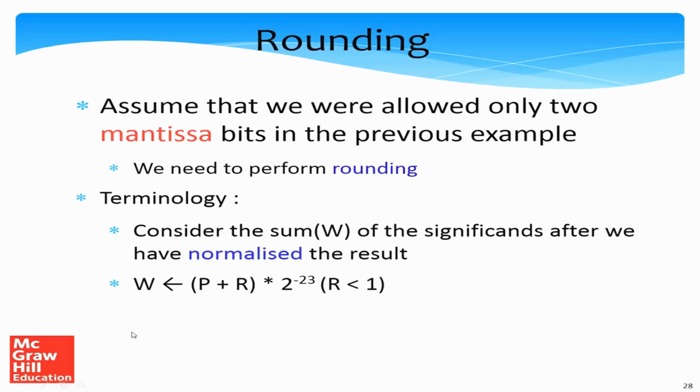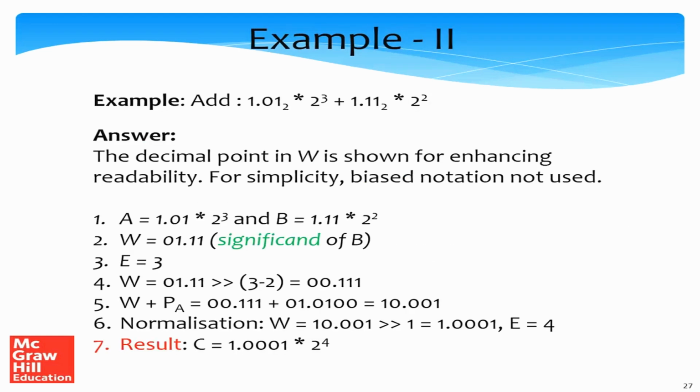Let us now discuss a very tricky issue in the world of floating point math. So let's discuss rounding. So assume that we were allowed only 2 mantissa bits in our previous example. So we can store only 1.00 and we need to discard these 2 bits.